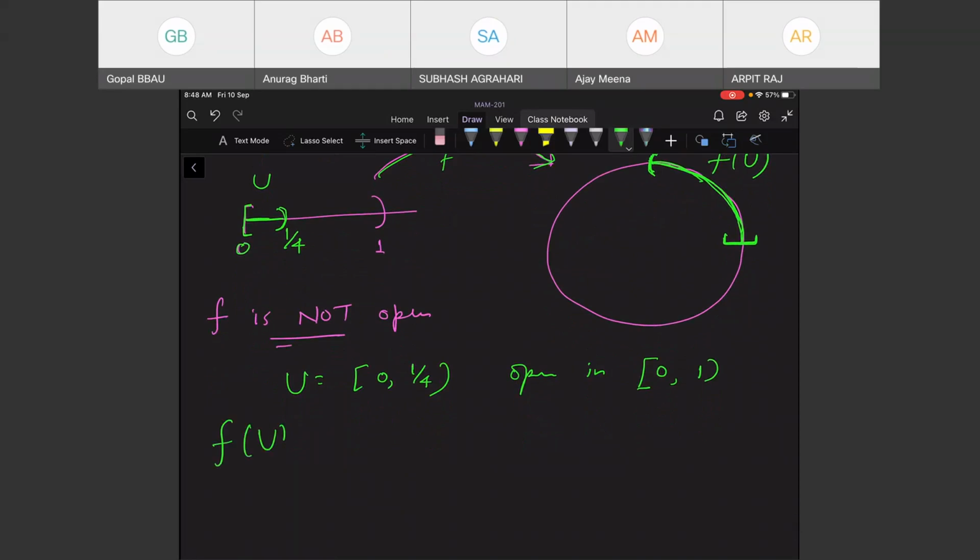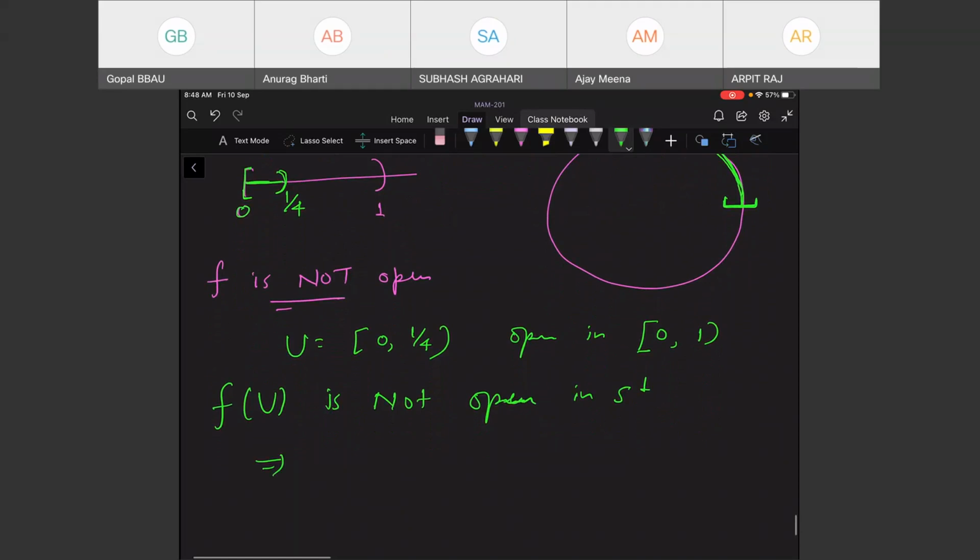Clearly F(U) is not open in S1. This implies F is not an open map. Hence F inverse is not continuous.